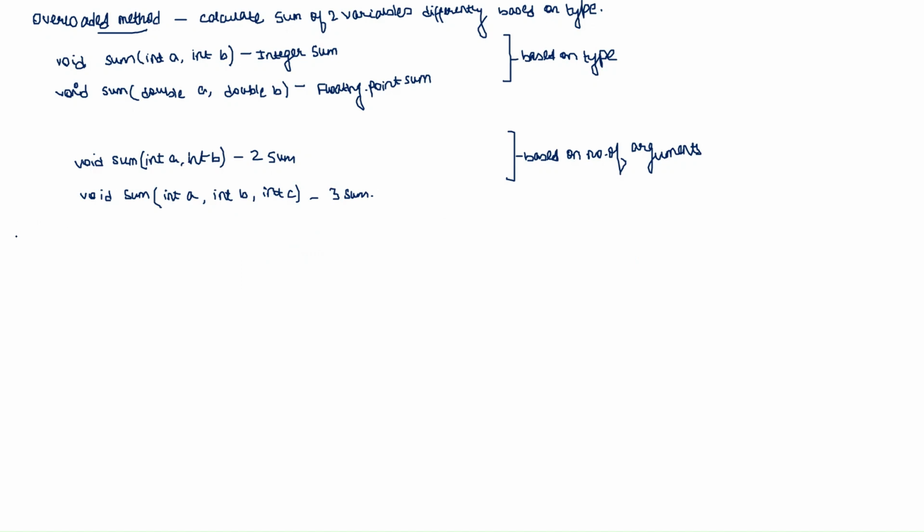Now, in the same way, let us talk about what overloaded constructors can do. We have already learned about constructors in the previous video, so I don't think I need to repeat it. Just in case you forgot about it, you can pause this video, jump back to the previous one, watch it, and then come back here to watch this one.